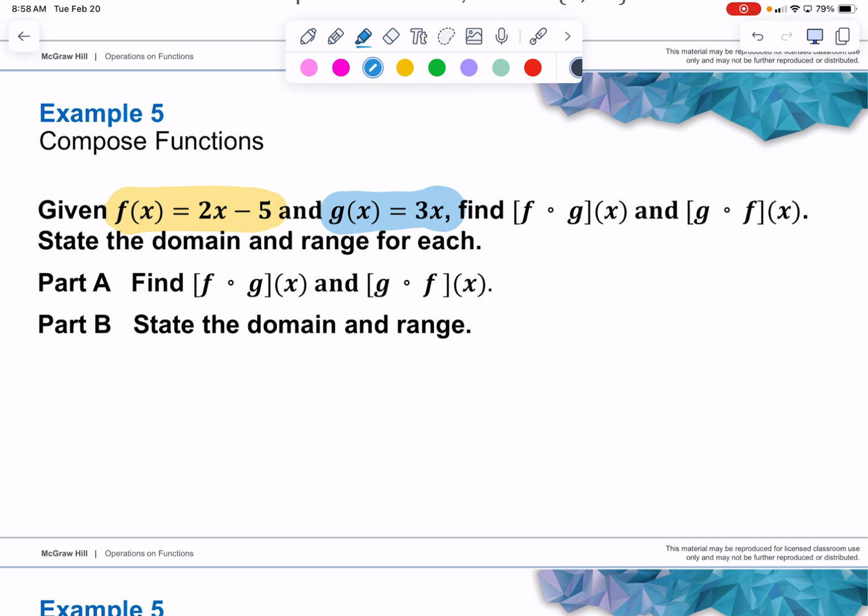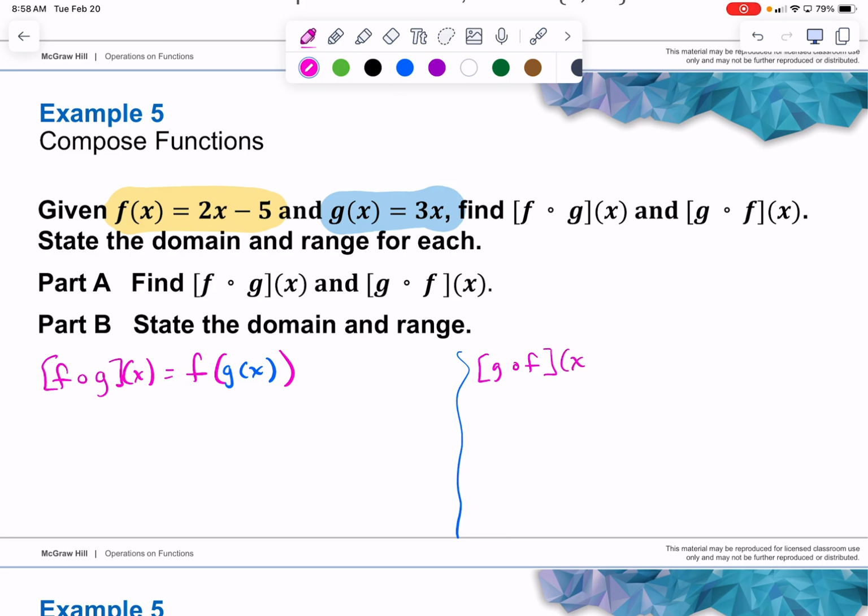So I'm going to look at f of g of x, which is equal to f with the outer structure and g of x with the inner structure. And then I'm going to look at g of f of x, which has the outer structure of g and the inner structure of f, right?